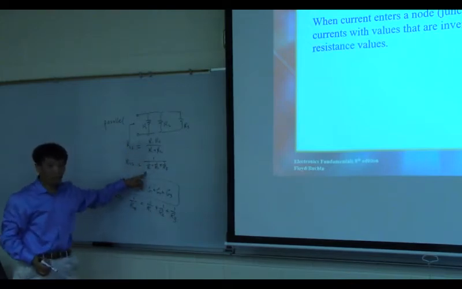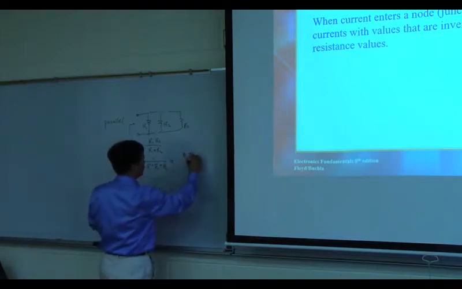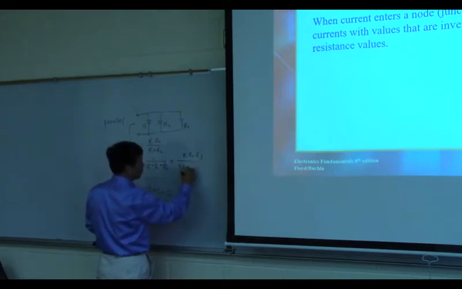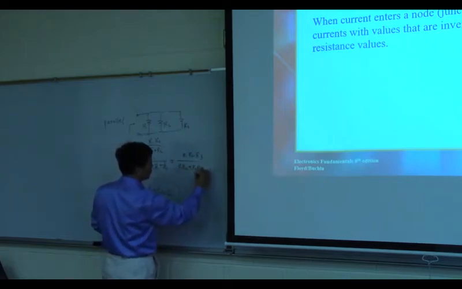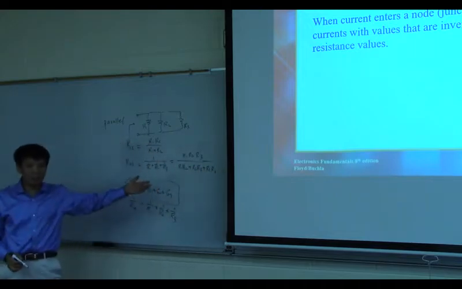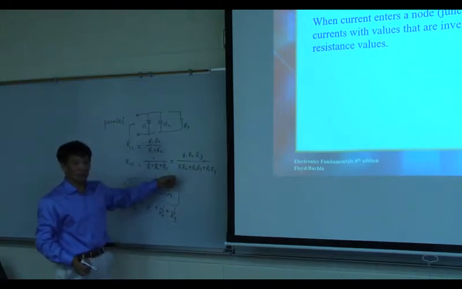If you simplify this, it will equal R1 R2 R3 on top, and on the bottom R1 R2 plus R2 R3 plus R3 R1. It is a pattern, but again, it's not a good way to do this. So we prefer to use this one.